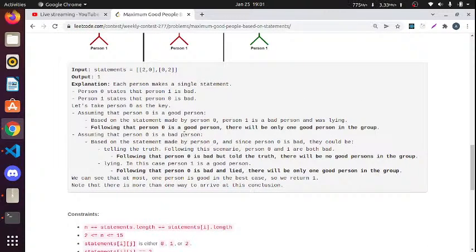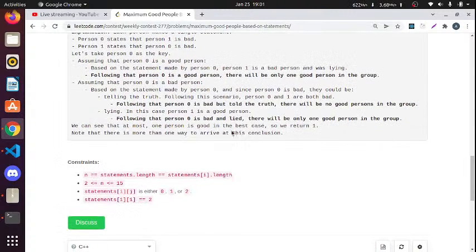So if this is a good person, and suppose two persons are good and they are both telling a different story, it means definitely we can't count that one, right? Okay, so there are many conditions I think we have to focus on.